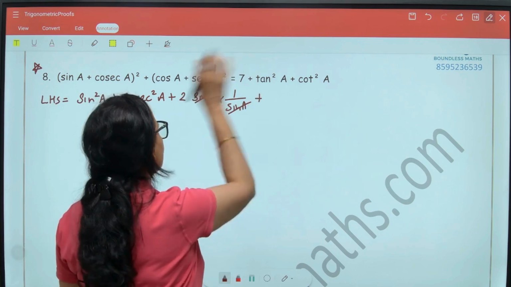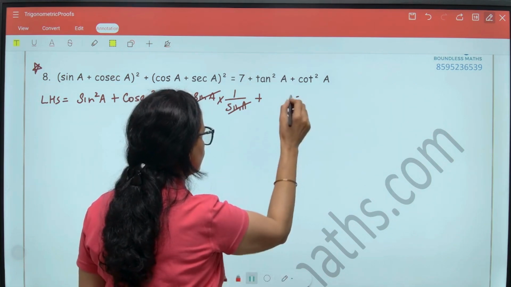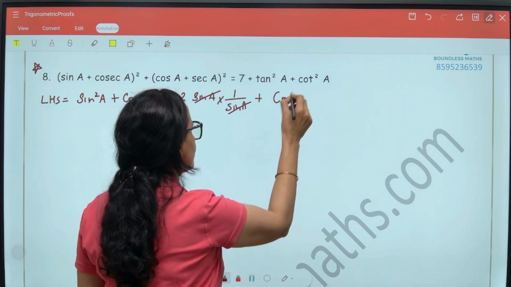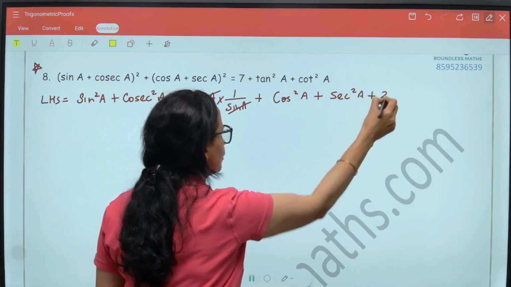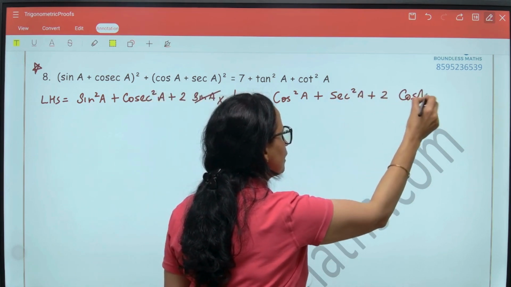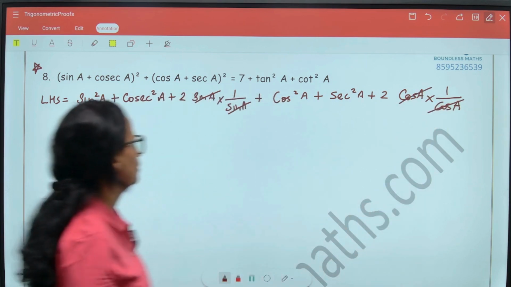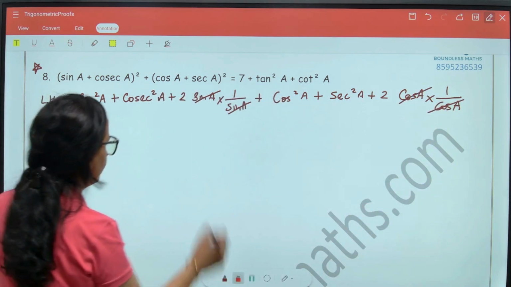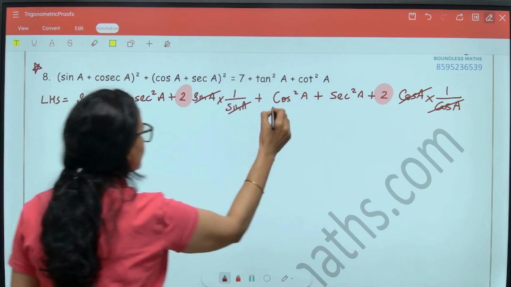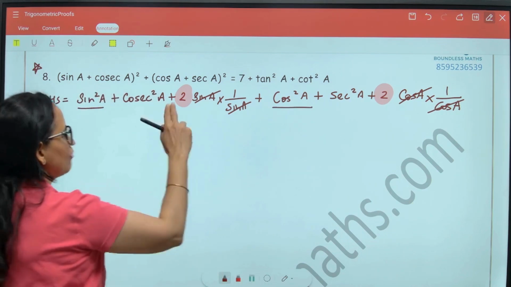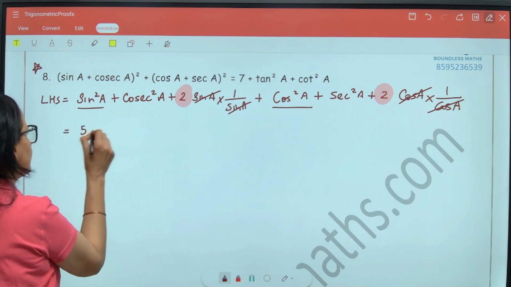Plus, expand the second bracket also, it becomes cos²A plus sec²A plus 2 cos A, and again I am writing sec A as 1 by cos A so that you can see that they get cancelled. Now I have 2 here, I have 2 here, and sin²A plus cos²A gives me 1. So that means I have 2 plus 2 is 4 and 1 from sin²A and cos²A, so I have a total of 5. Write 5 here.